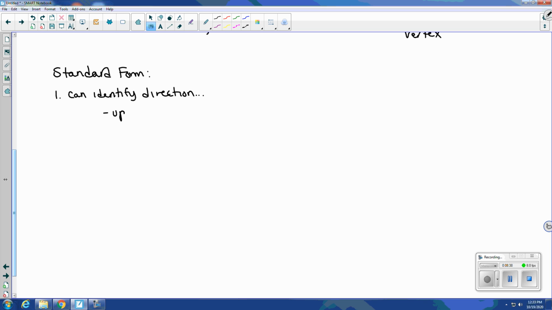It will open up if the a value is greater than 0. And what do I mean by opening up? It looks something like that.